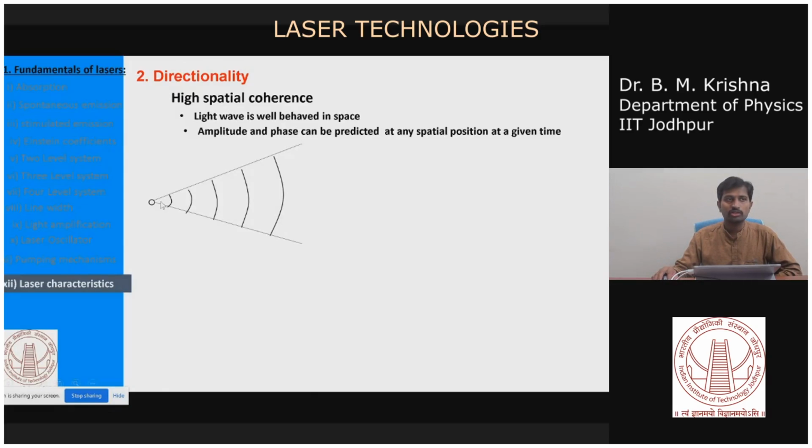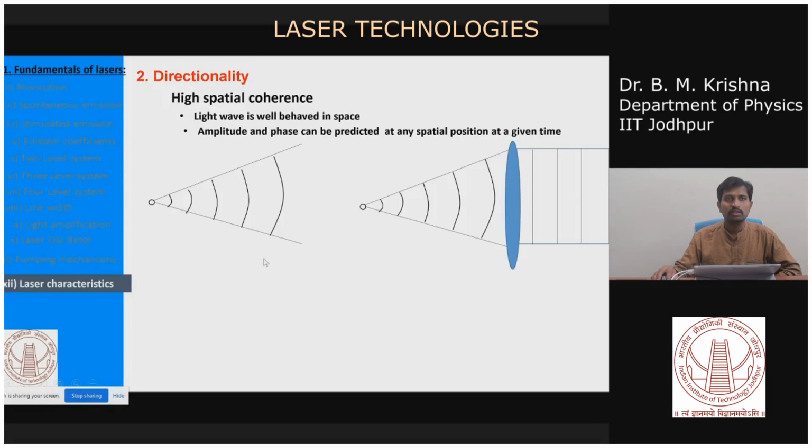For example, this is your source, these are your clean wavefronts. If you know the amplitude and the phase at one position, you can find out the phase as well as the amplitude at another position.